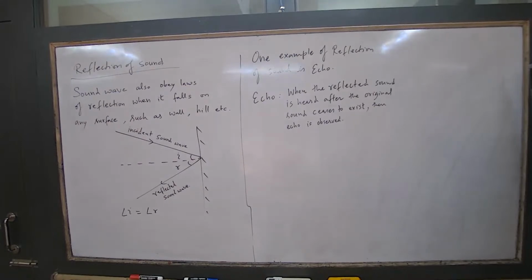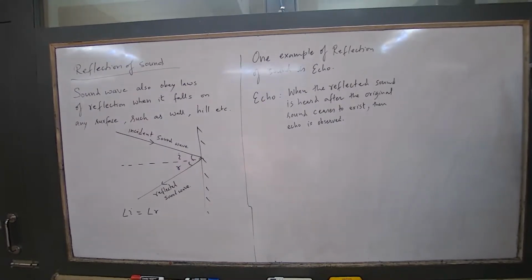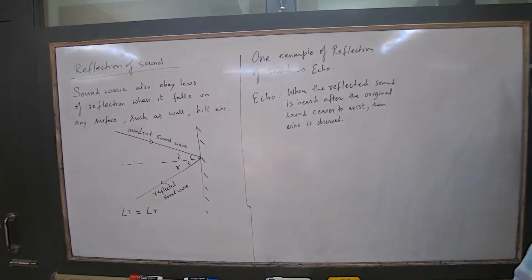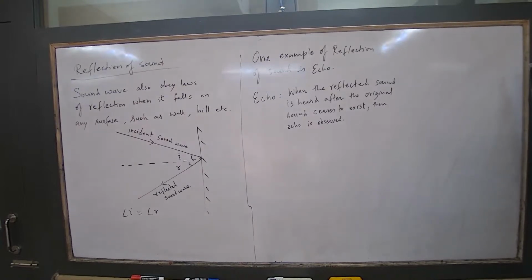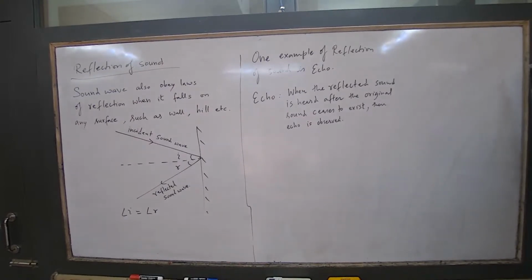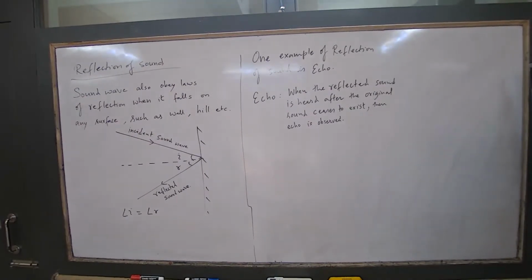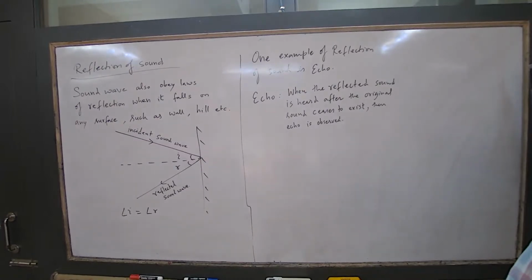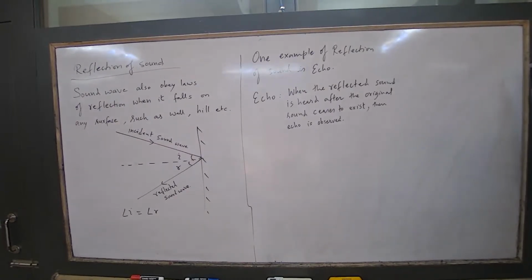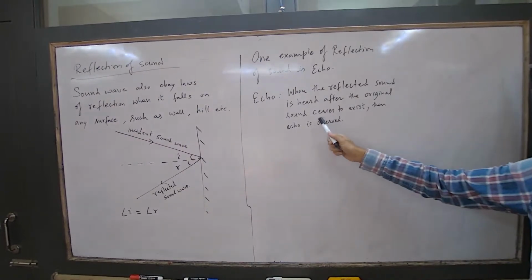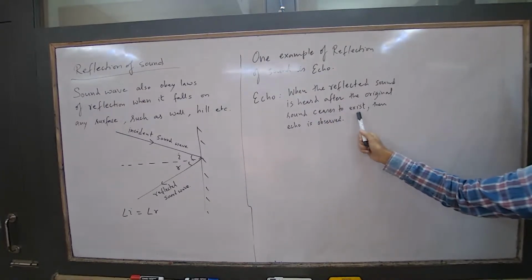The hearing sensation stays in your ear for about 0.1 second, 1/10 of a second. So when the echo reaches your ears after 1/10 of a second, only then you will hear it. Otherwise, the reflected sound gets mixed up with the original sound. What is written here? Original sound ceases to exist.